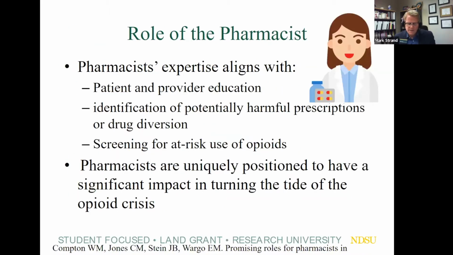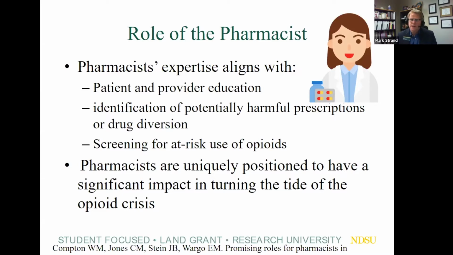Now, what is the pharmacist's role in this? The pharmacist's expertise and training aligns with patient and provider education, which is required because of the OBRI laws. They're able to identify potentially harmful prescriptions or drug diversion, and they're also able to screen patients. And in fact, pharmacists are now doing screening for lots of health concerns, such as hepatitis C and other conditions.